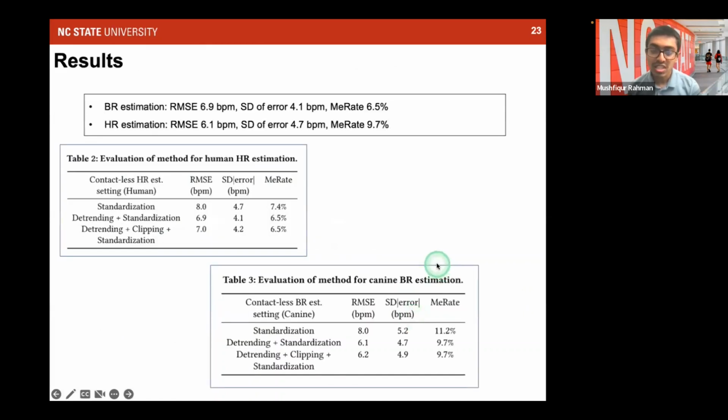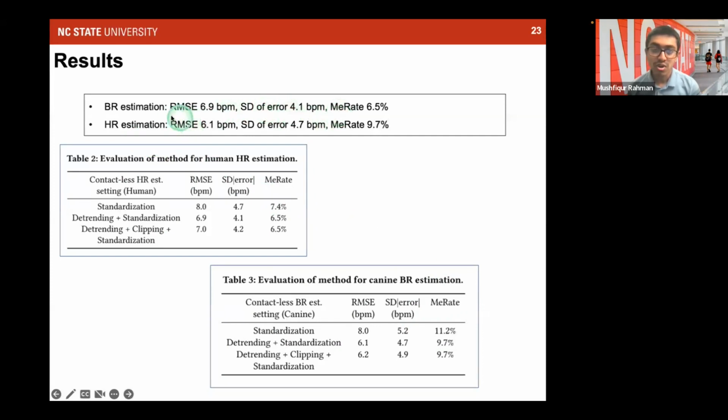In this slide, we summarize the results as the mean over all of the videos that we have collected and tested our algorithm on. We have used three metrics: root mean square error, standard deviation of error, and mean relative error rate.